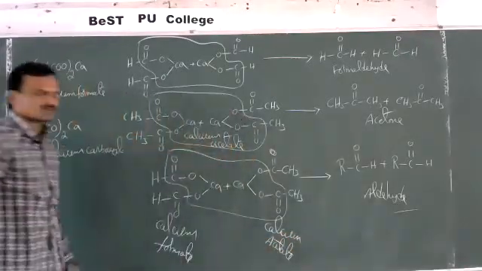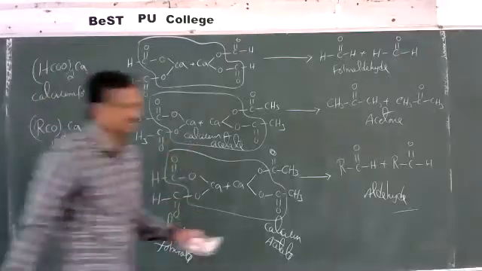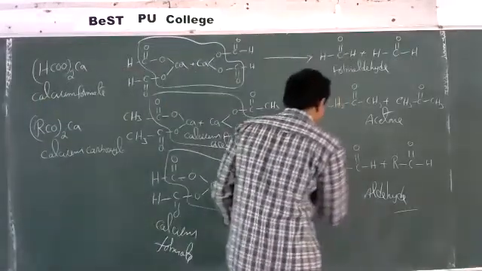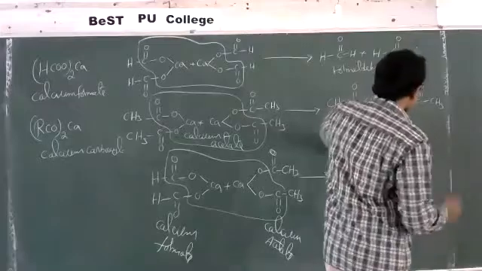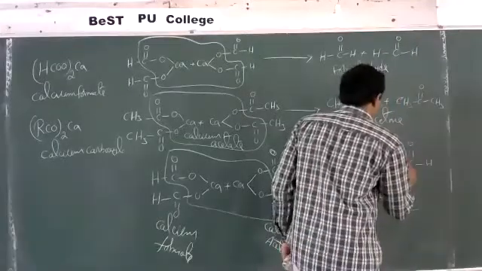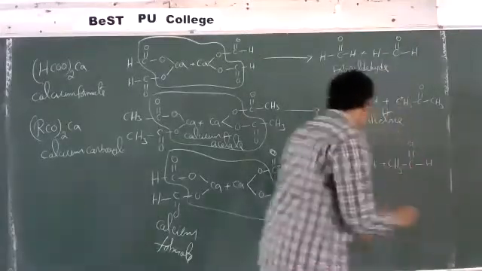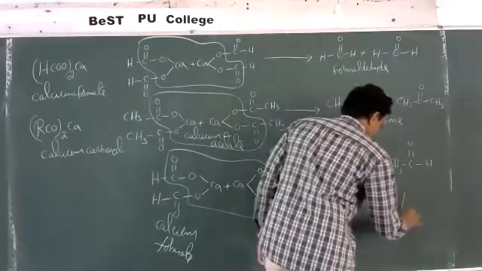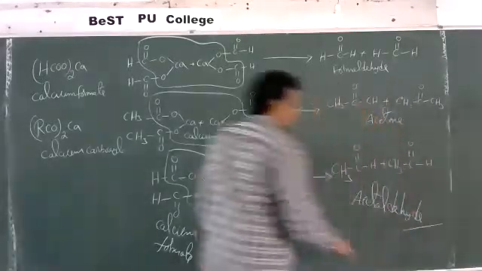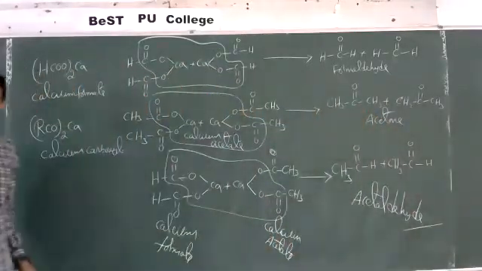So distillation of the mixture of calcium formate and calcium acetate can give 2 moles of acetaldehyde. Acetaldehyde will be formed as the product.